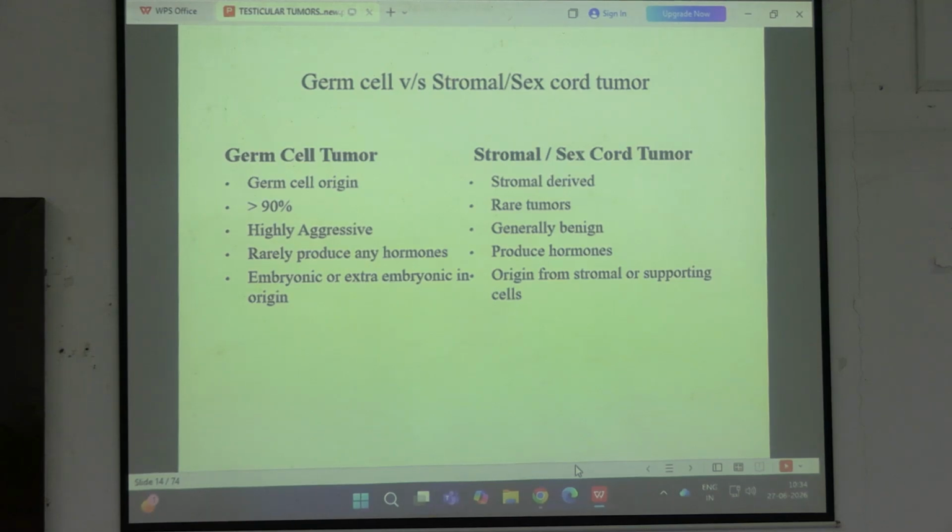Remember, common is germ cell tumor and they are mostly malignant, and less common is sex cord stromal tumor and they are mostly benign.